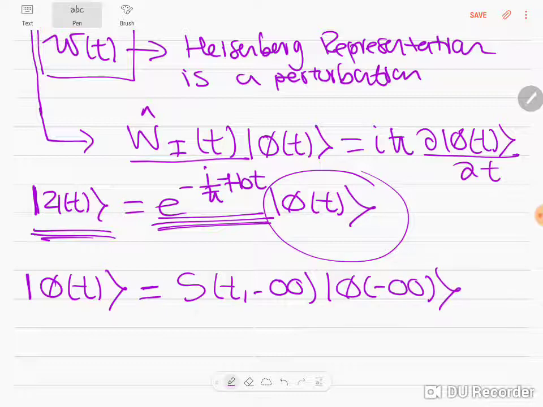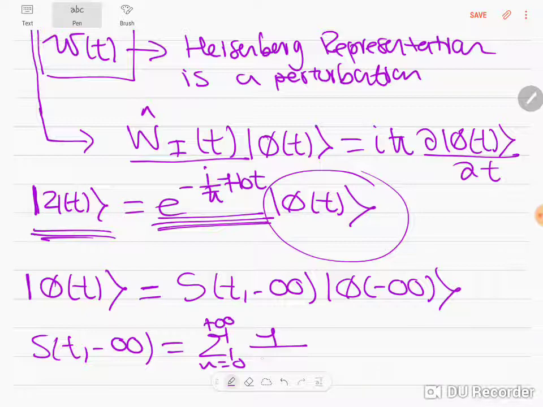Okay, so this scattering matrix can be given to an arbitrary order n by the following expression: 1 over n factorial (i h bar) to the power of n.